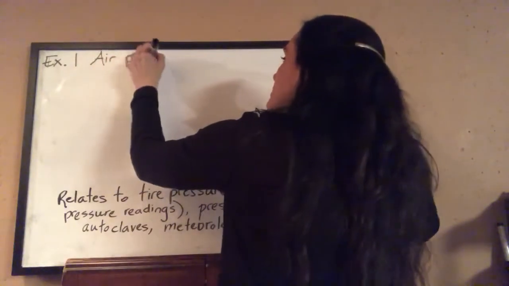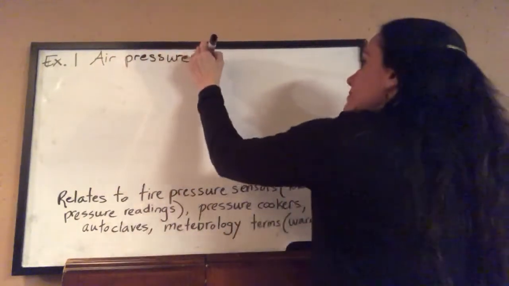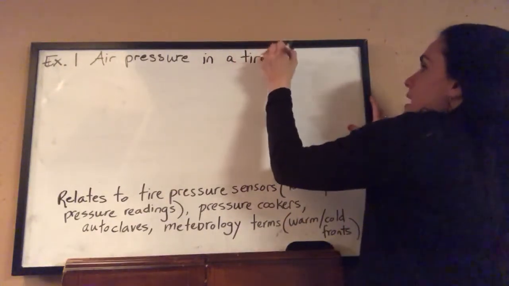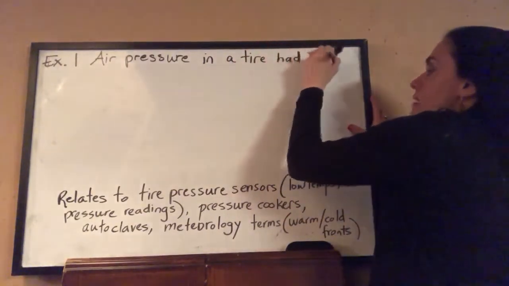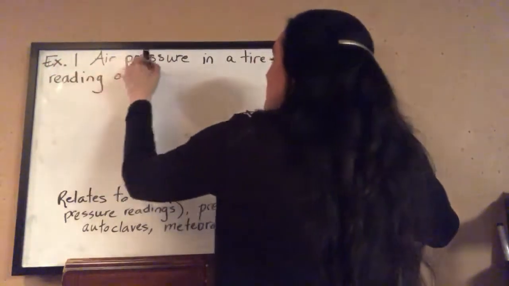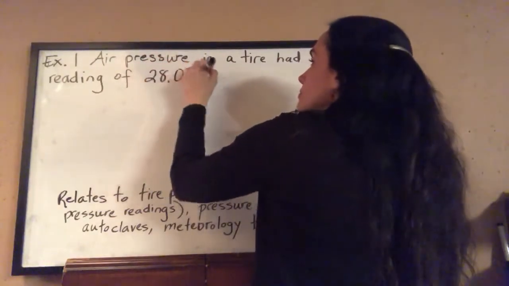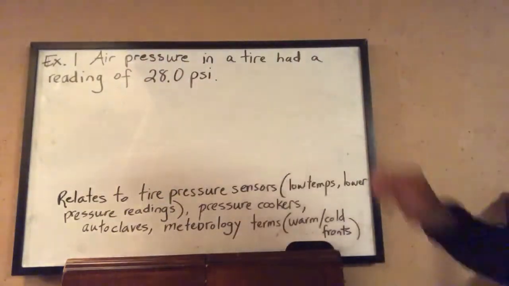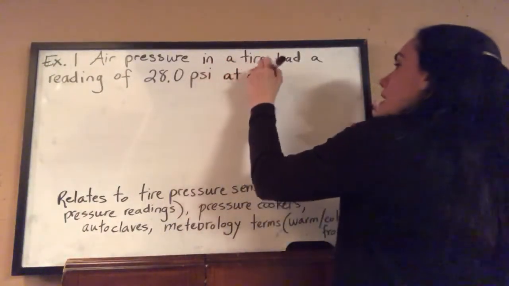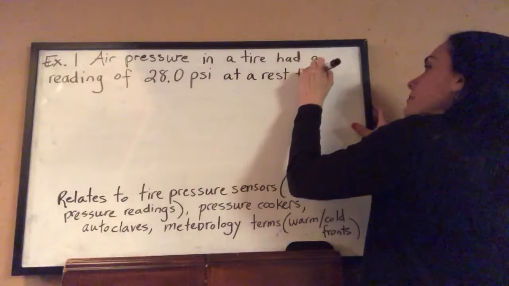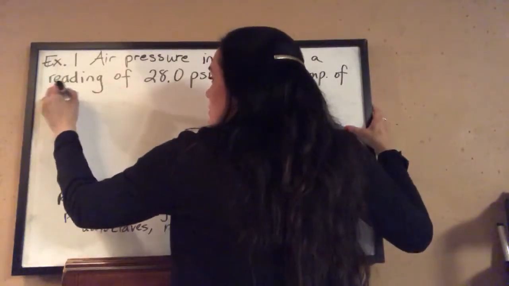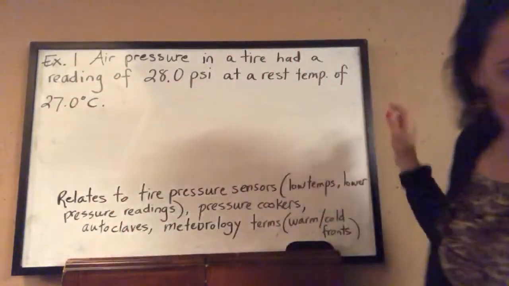Air pressure in a tire had a reading of 28 pounds per square inch, PSI, at a rest temperature of 27 degrees Celsius.